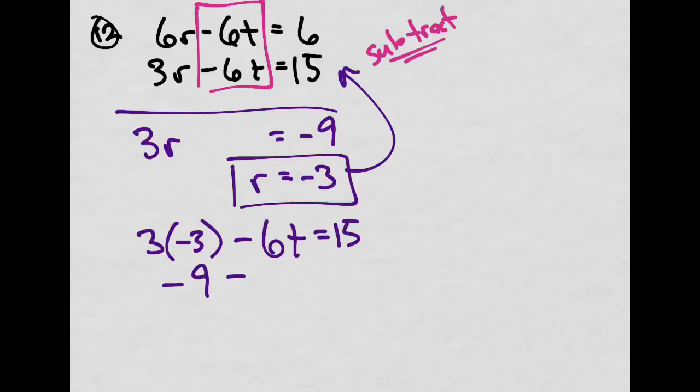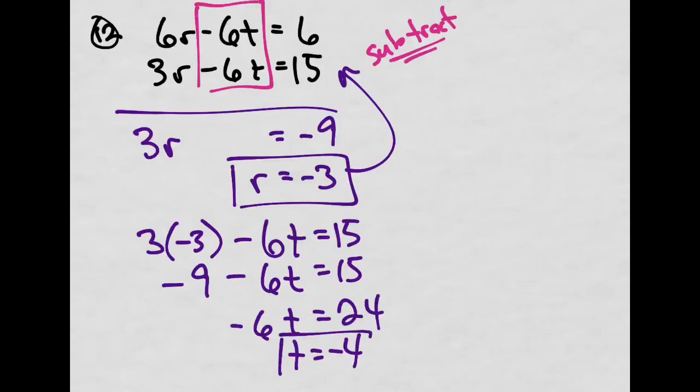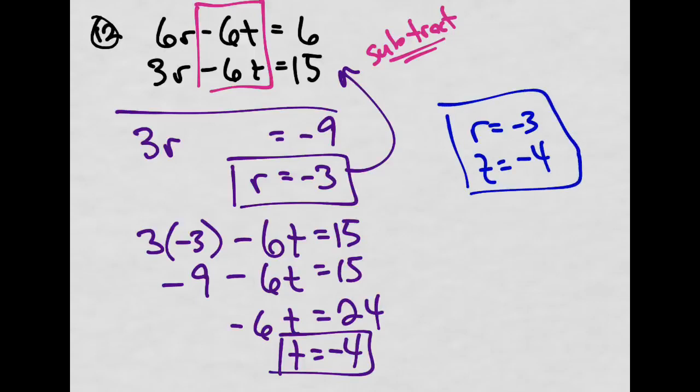So negative 9 minus 6t equals 15. Add 9 to both sides. And t equals negative 4. And again, I'm not going to give you numbers that aren't x and y. But when I do, we probably want to make sure we pull the answers out there to the side.